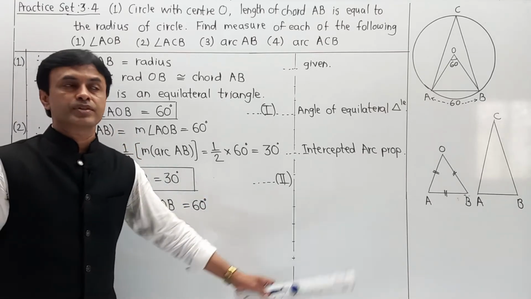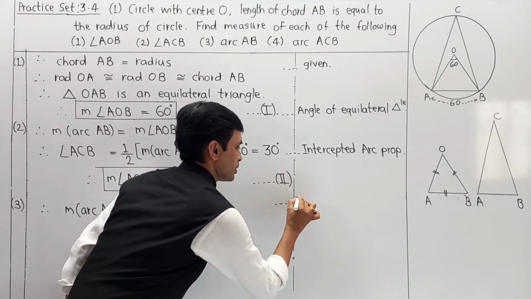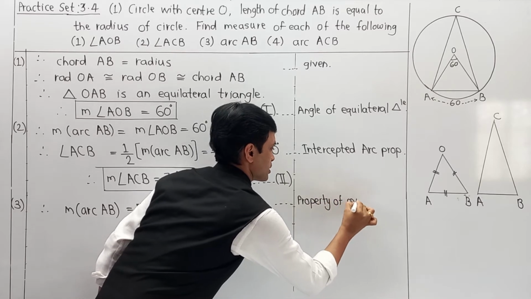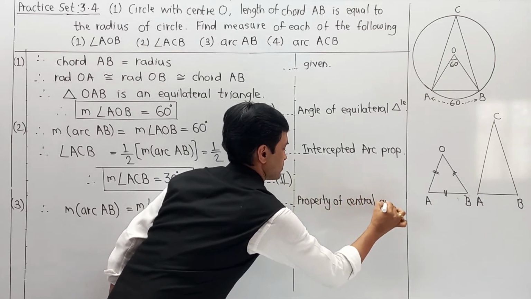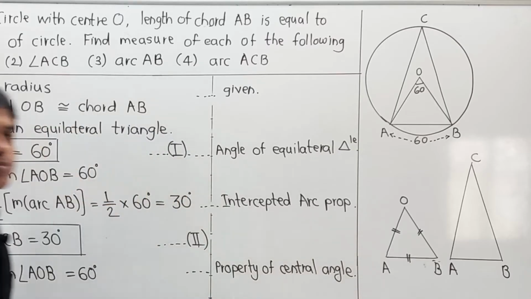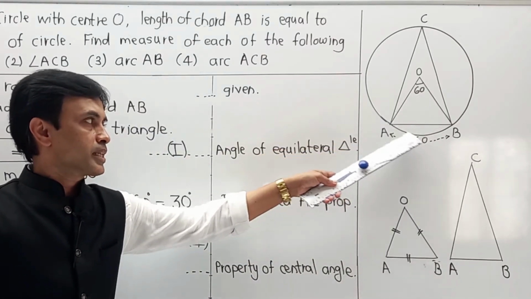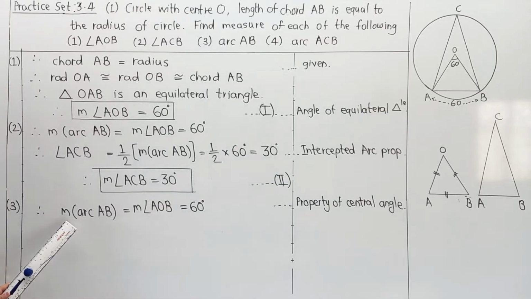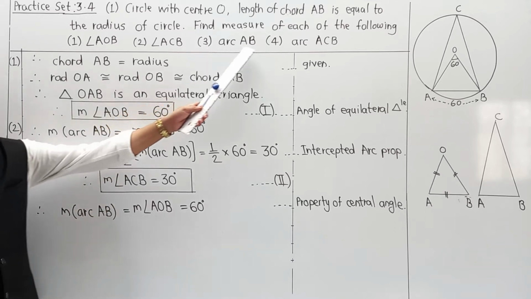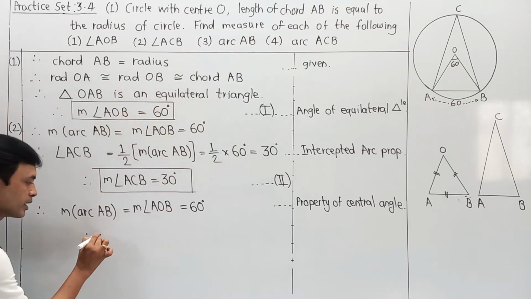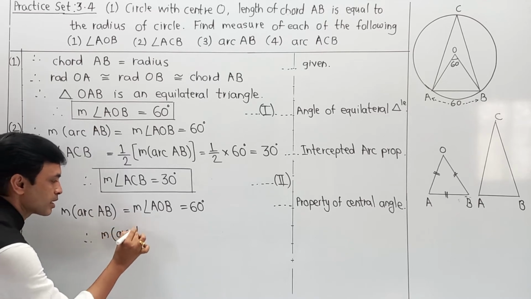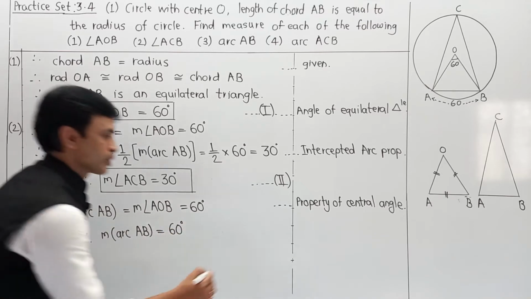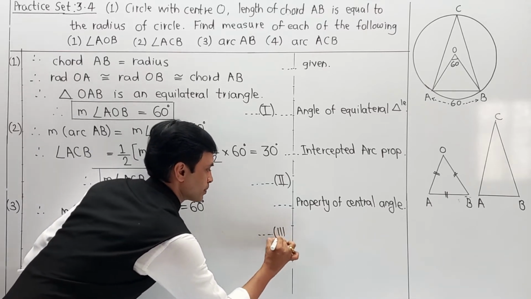We can write the property of central angle, because the property says that the value of the central angle is nothing but the value of the arc, or the value of the arc is nothing but the value of the central angle. So my third answer, arc AB, becomes 60 degrees. I am going to give it as equation number 3.